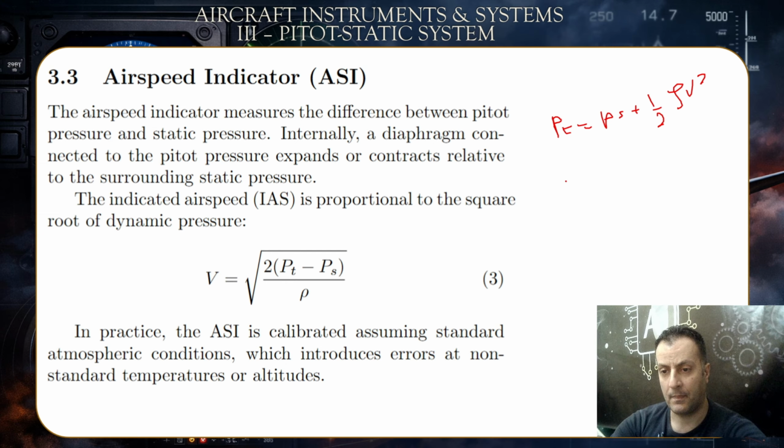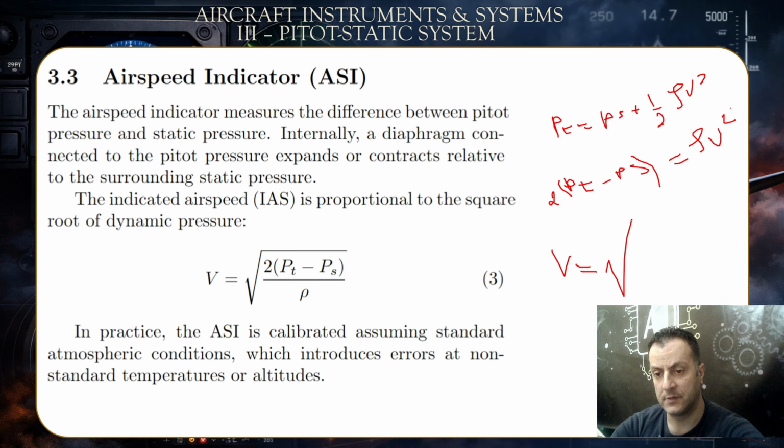So you have (PT minus PS) times 2 equal to rho V squared, correct? So V is equal to the square root of 2 times (total pressure minus static pressure), 2(PT minus PS), divided by rho. This is how you get the velocity.